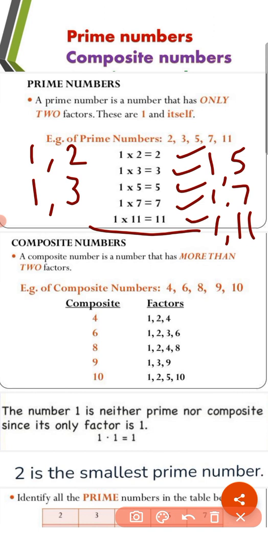So these numbers have two factors, that is 1 and the number itself. So they are called prime numbers. Clear? So children, how will we find a prime number?